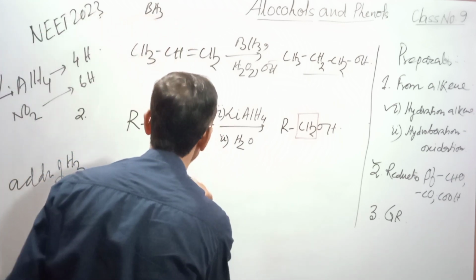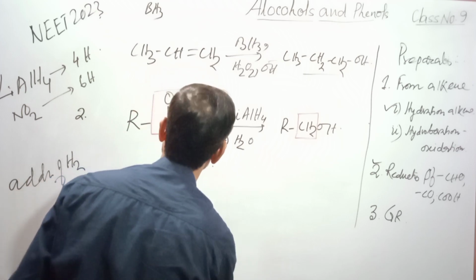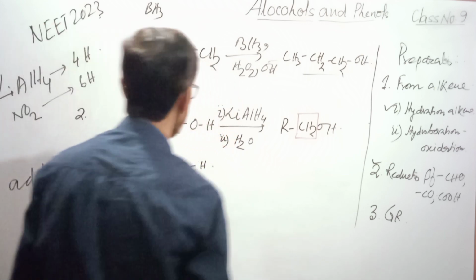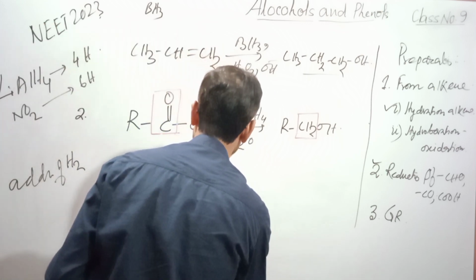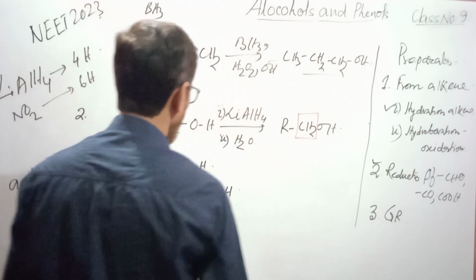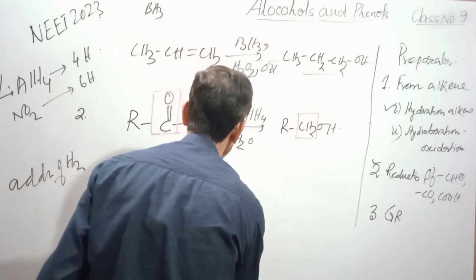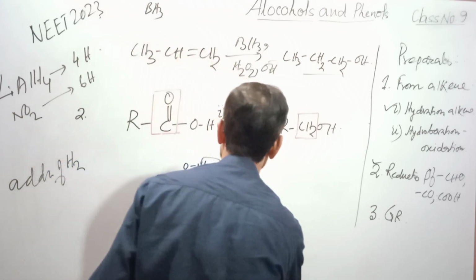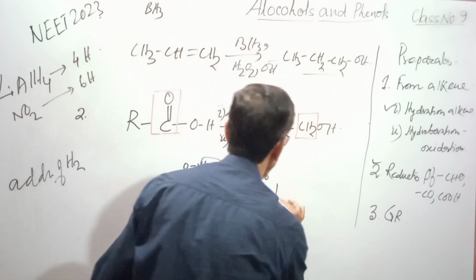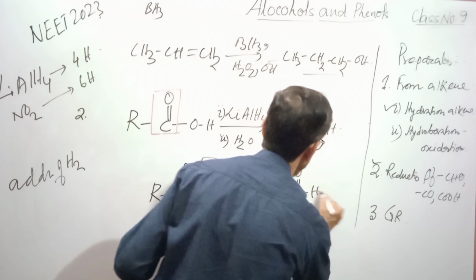One hydrogen will add here, another here, and this one will be like this. It is not the mechanism; I am showing the shortcut. You just remove a water molecule. Am I right? So by removing the water molecule, are you not getting the aldehyde RCHO? Am I right?